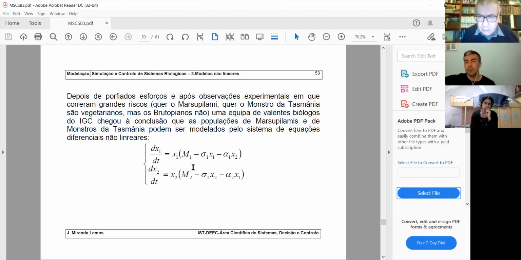But other people say no, they are going to live together and reach an equilibrium. How can I study that? Do I have an equilibrium in which they both exist?